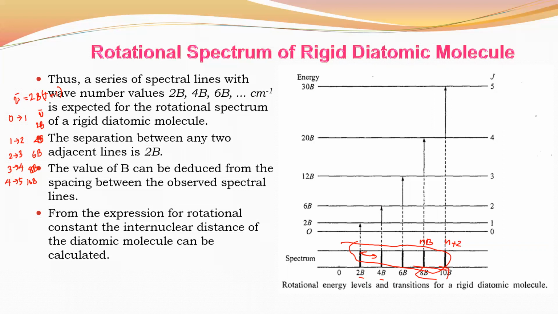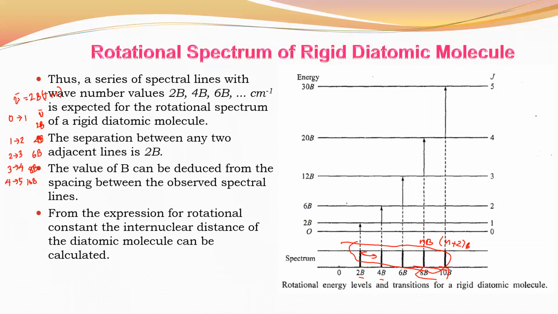It is n plus 2 into B. Then the difference is 2B. When we measure this difference from the graph, when we measure the separation, we will get the value of B.